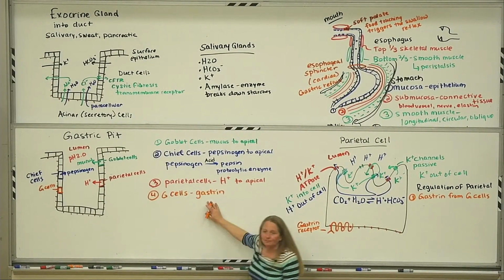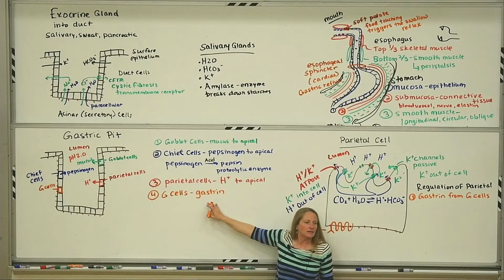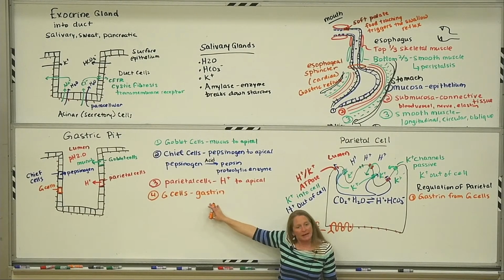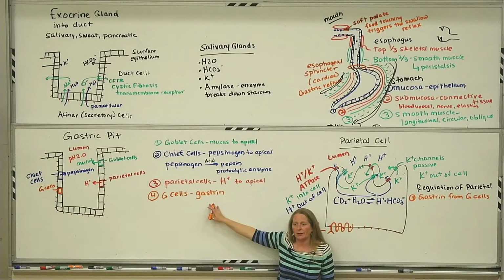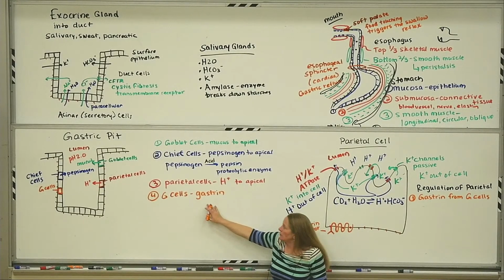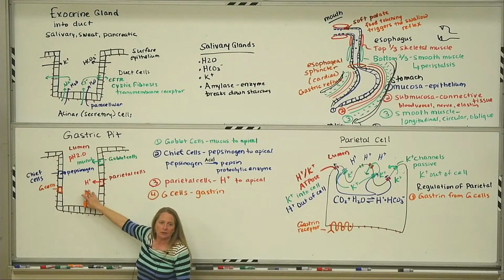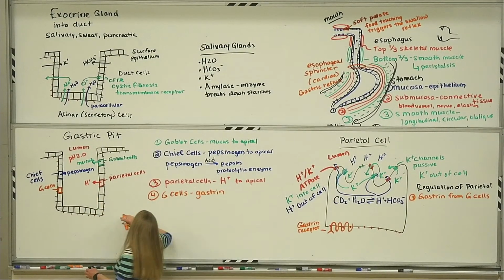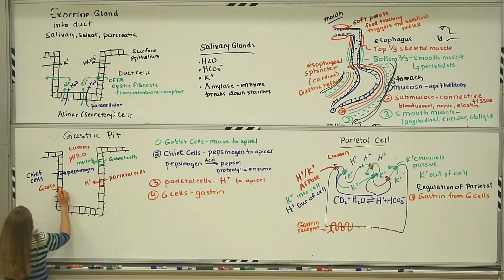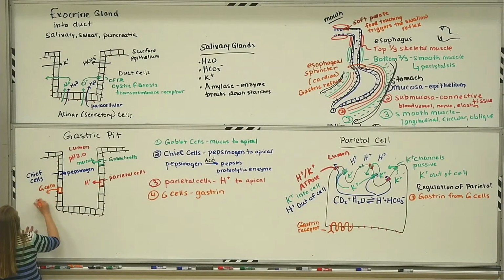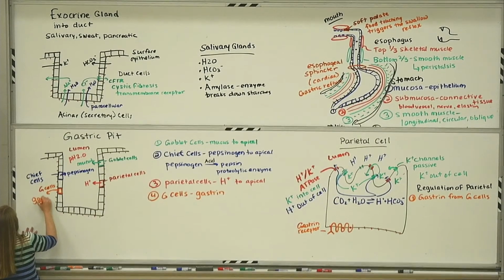Gastrin is a hormone. It's not an enzyme that's meant to work in a pH of 2.0. So you don't want to put gastrin into this lumen. It'll just get destroyed. What you want to do is put it out the basilar side and into the blood.